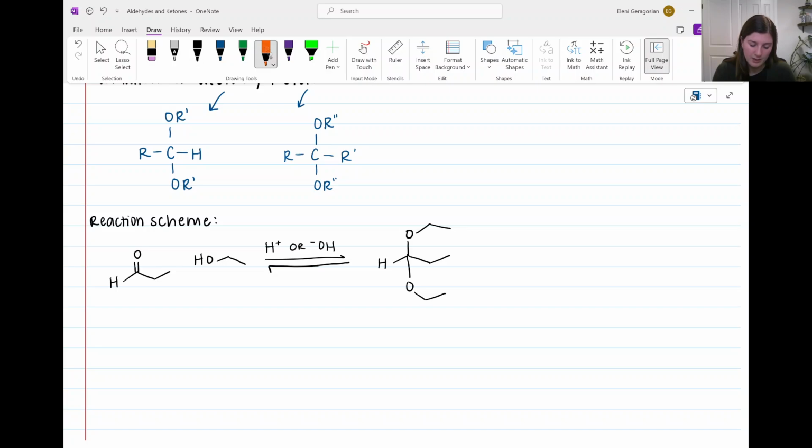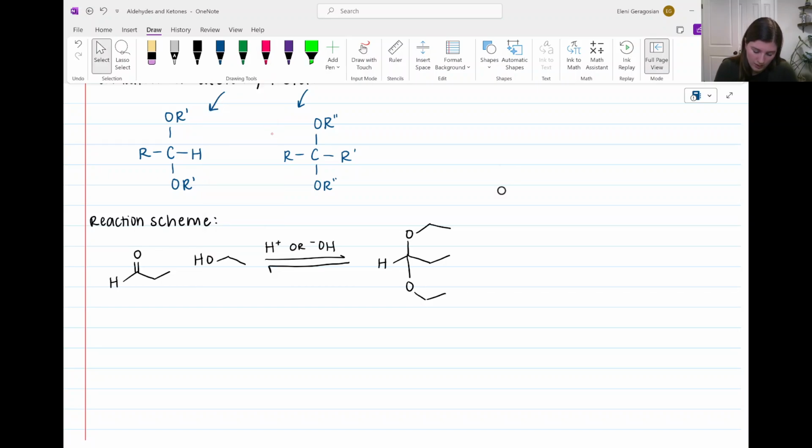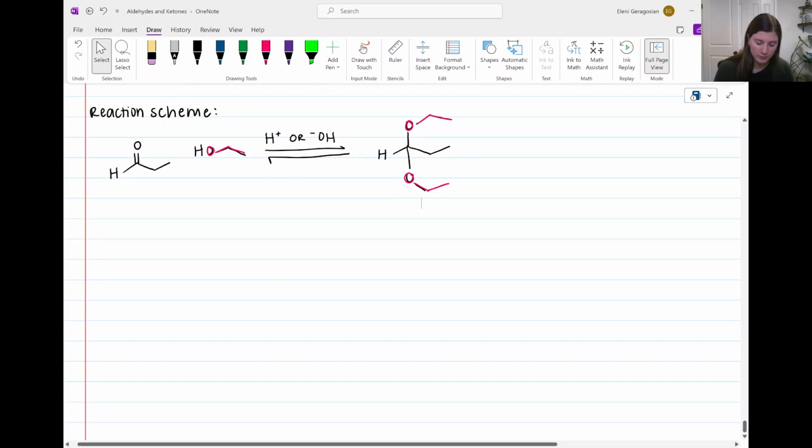So in this molecule, the OR groups, and in the mechanism we'll see that these come from the alcohol that's added to the solution, or that is the solution. So the alcohol bonds twice to the carbonyl carbon. So let's do the mechanism, and we'll do acid catalyzed again.